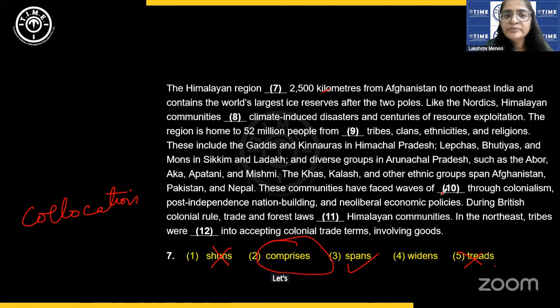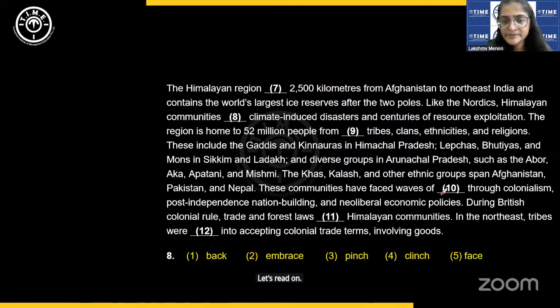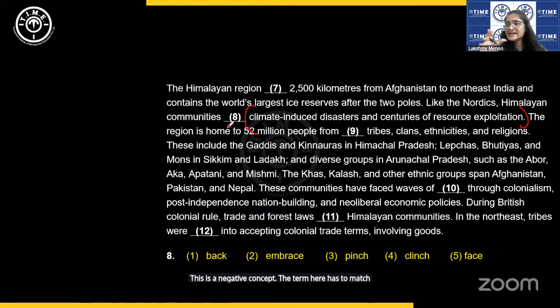Let's read on. Like the Nordics, Scandinavians, Himalayan communities dash climate-induced disasters and centuries of resource exploitation. Okay? Himalayan communities, climate-induced disasters and centuries. So, this is a negative concept. The term here has to match that idea that they are suffering from all these.